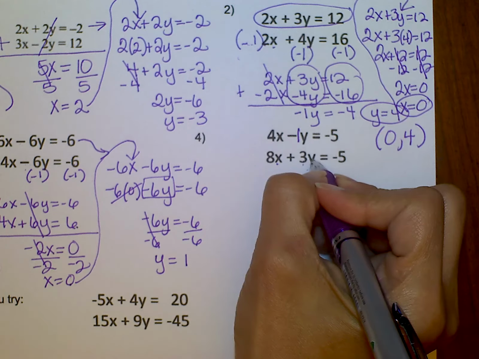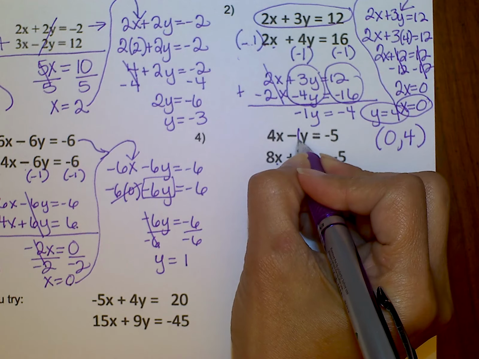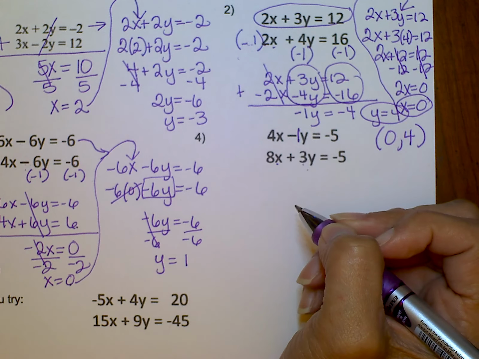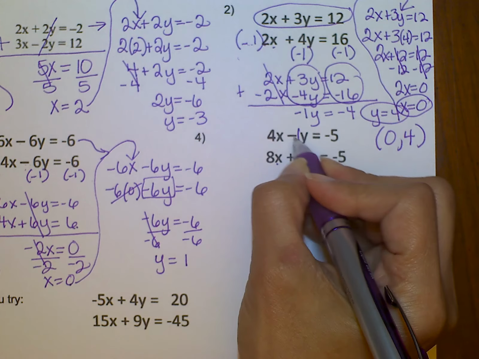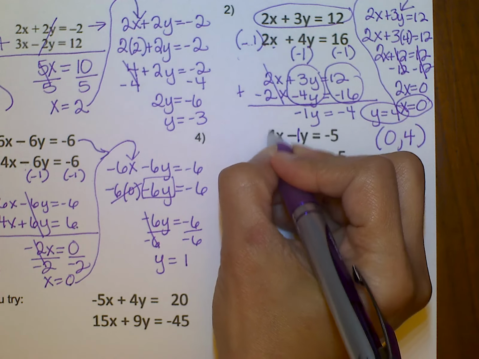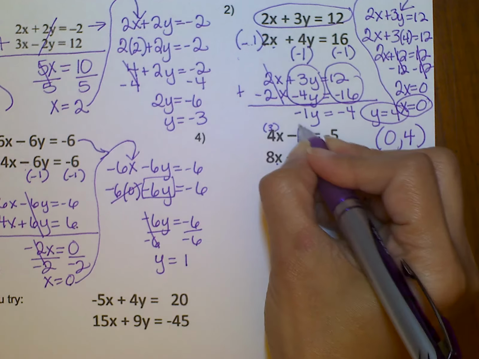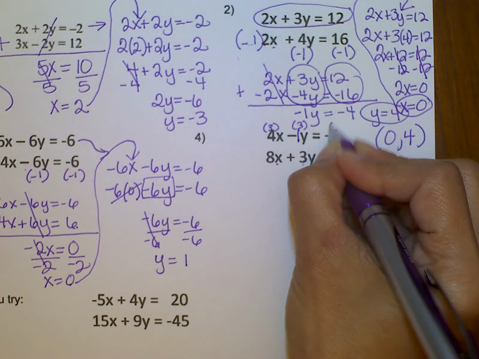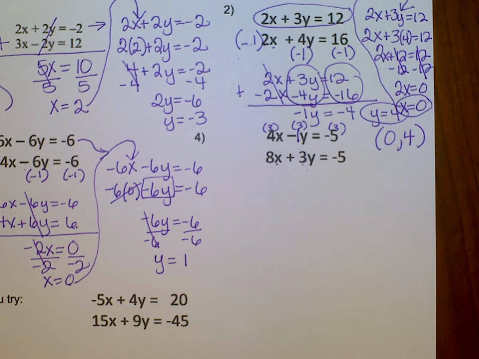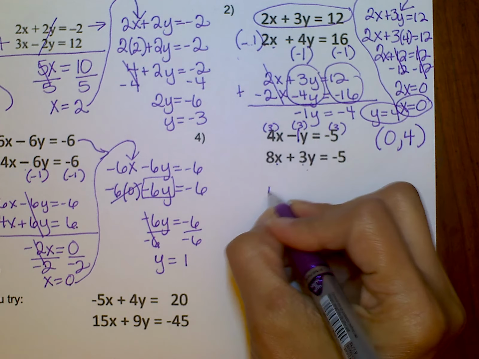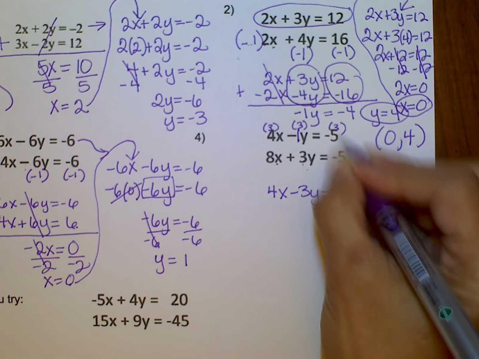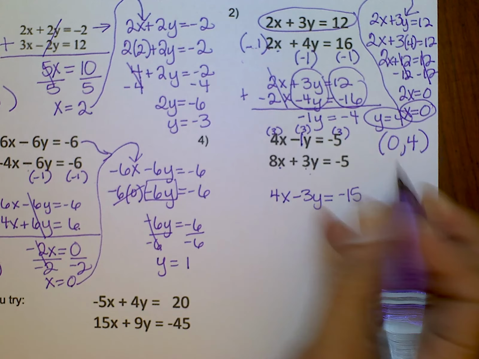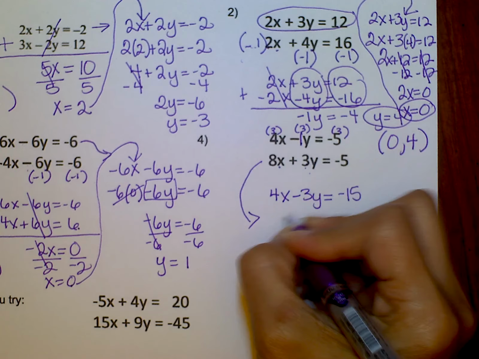So if this is a 3y and this was a negative 3y, would I be able to cancel them out? Yes. The only way that this could be a negative 3y is if I multiplied each of these terms by 3. Okay? So each of these multiplied by 3. Let's rewrite that. We've got 4x minus 3y equals negative 15. And then I'm just going to bring that down.